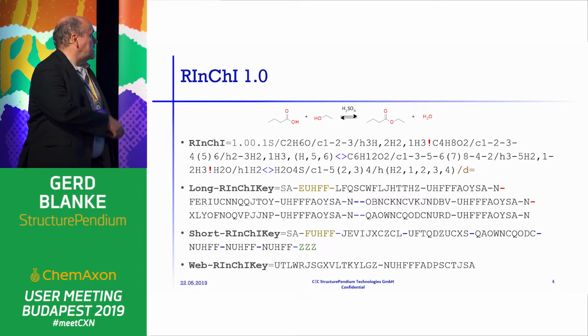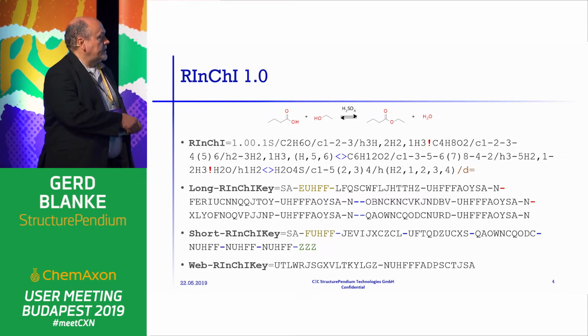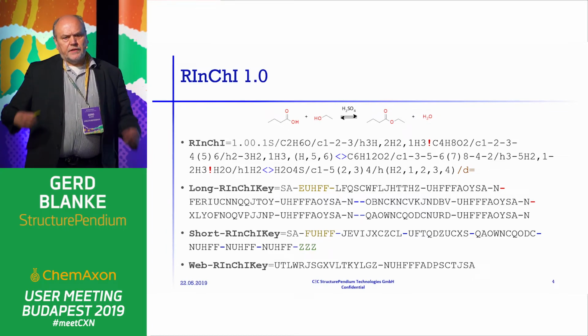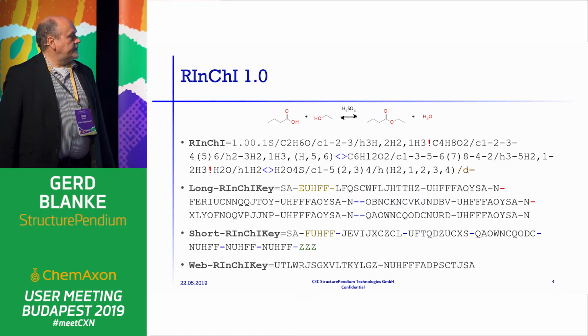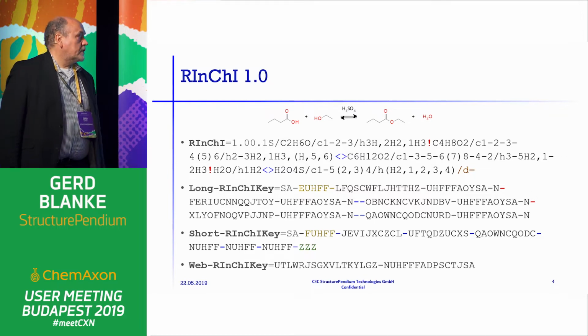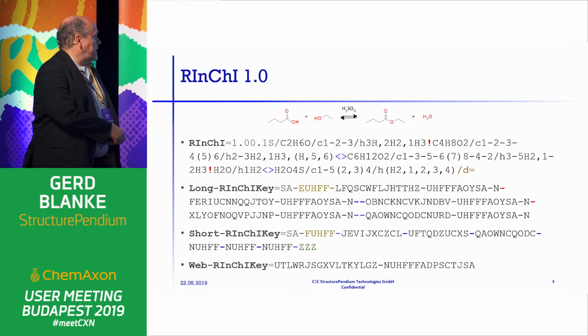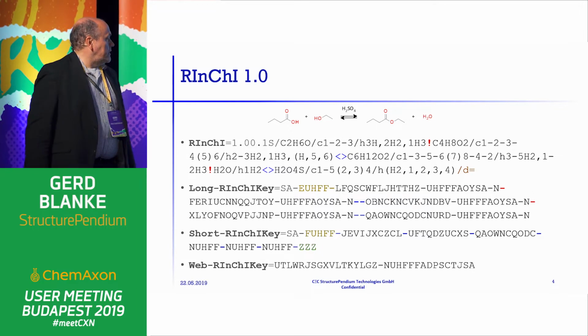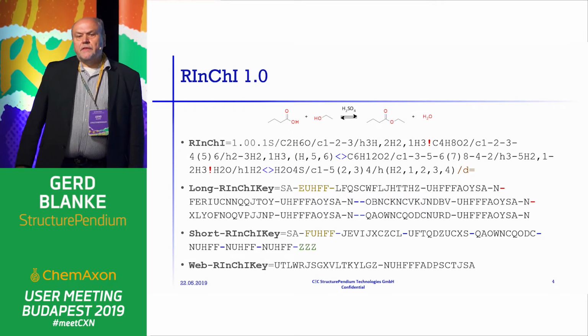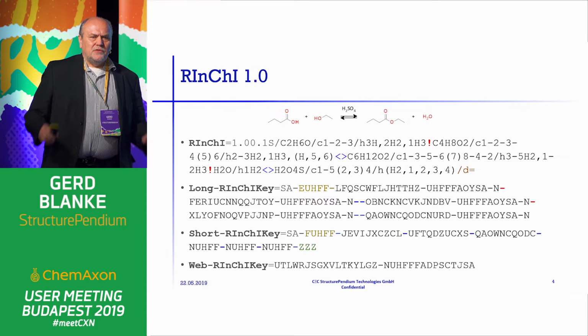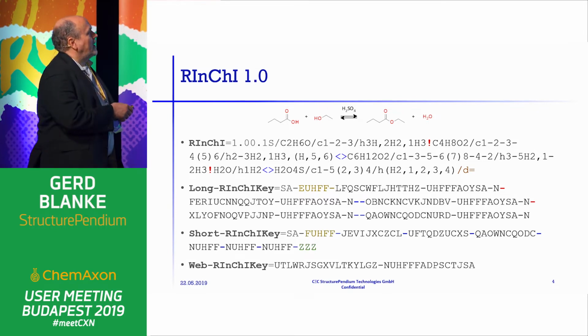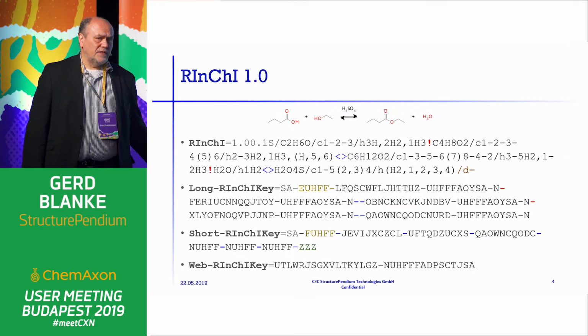Plus two more keys, which are necessary first to index the entire reaction, so that you can really use it for comparison of different reactions or for reaction search on the internet. For that, we have one more InChIKey, which we call the web reaction InChIKey. That came out of the fact that you sometimes don't know how somebody sees, for example, the ethanol over here, because this is a solvent in that case.